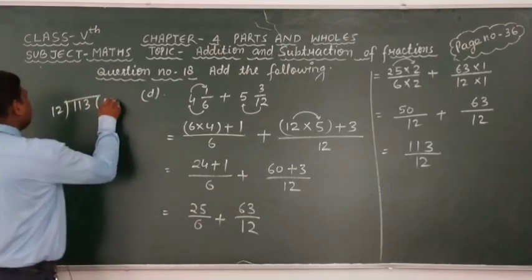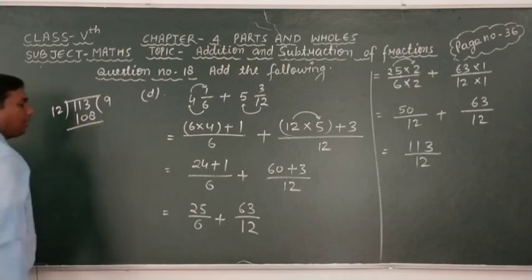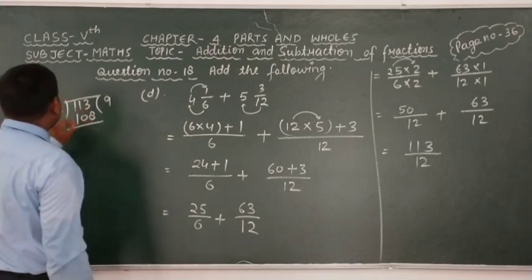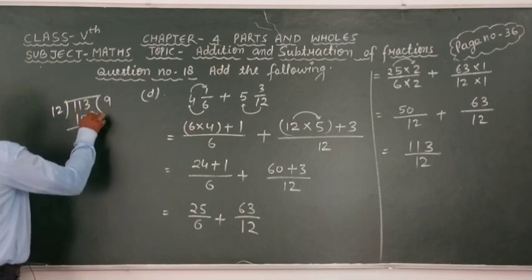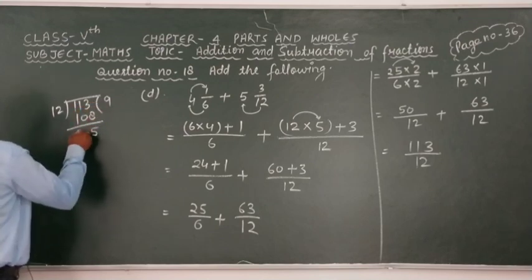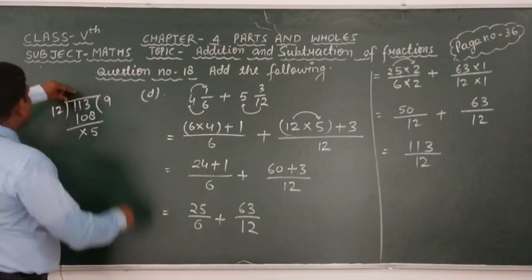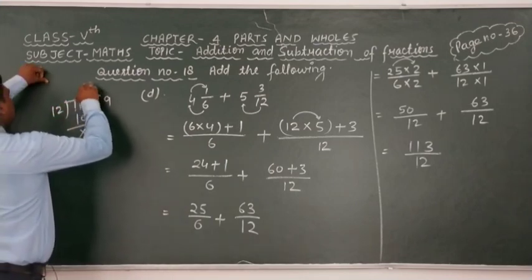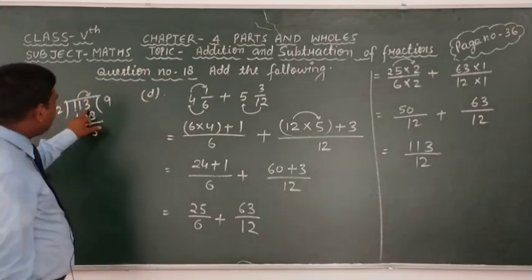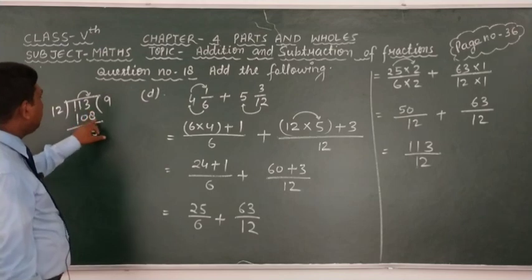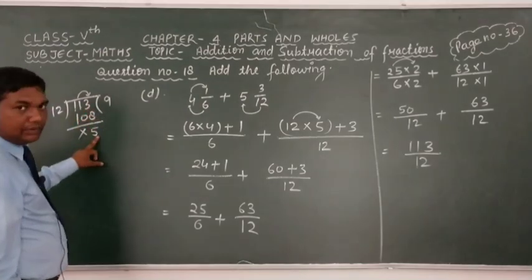12 nines are 108. Okay, 12 nines are 108. After subtracting these we get here given that 13 minus 8 is 5. Okay, and 10 minus 10 is 0. It means that firstly we have to take one borrow from this 1 and 3 makes 13. 13 minus 8 is 5.